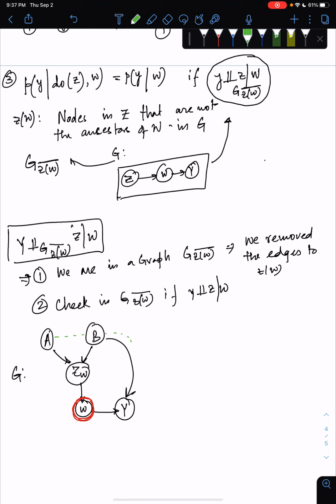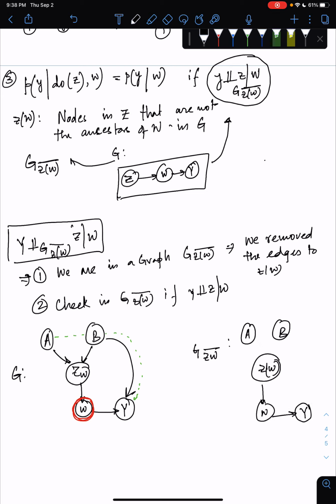this association active. Okay, and when I go from G to G ZW bar, this path, I'm sorry, so in the original graph, I'm conditioning on the descendant of a collider, so I'll be having this path active.